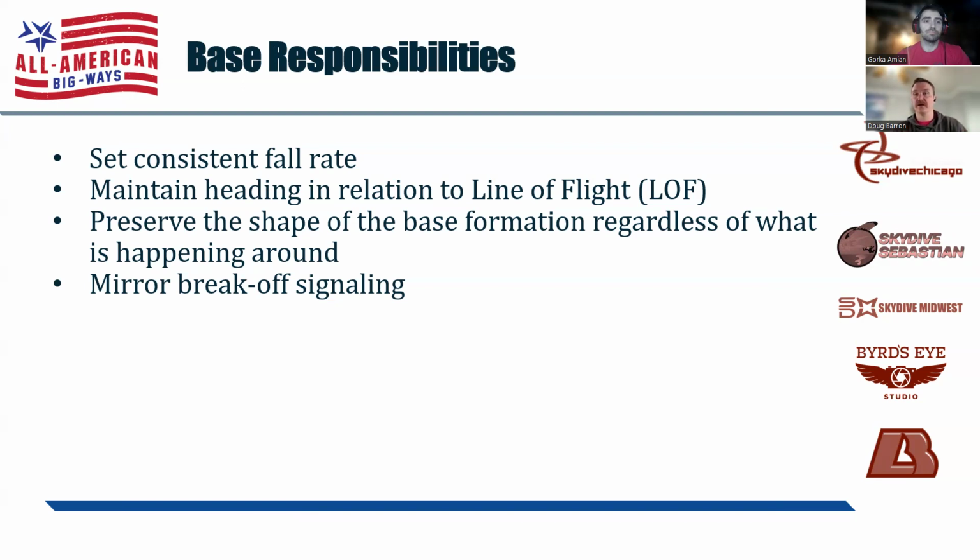And then it has to absorb, right? If there's any kind of wave or any kind of movement that comes through, the base's job is to stop that energy and save the rest of the formation on the other side. And then also, if your skill is there, you can mirror the break-off signaling by kicking your legs to help with the break-off.